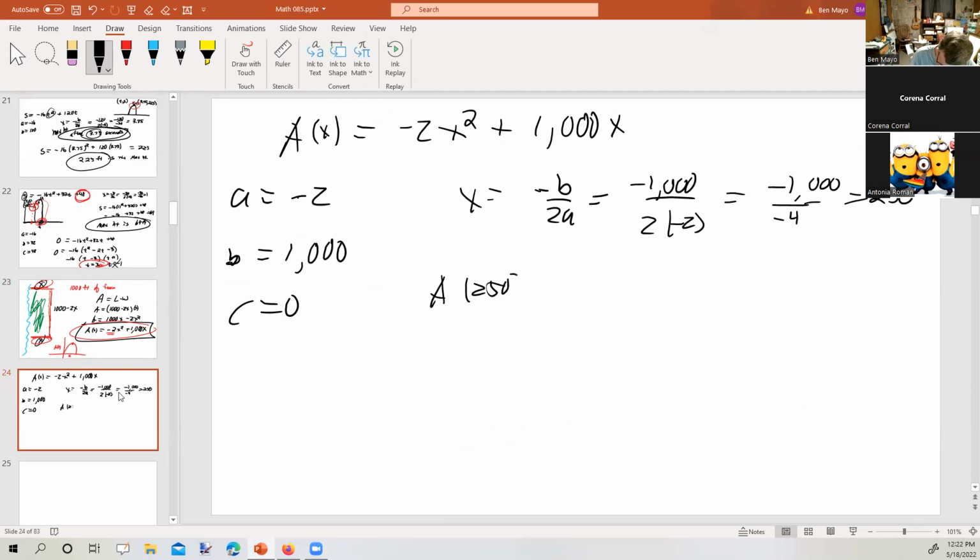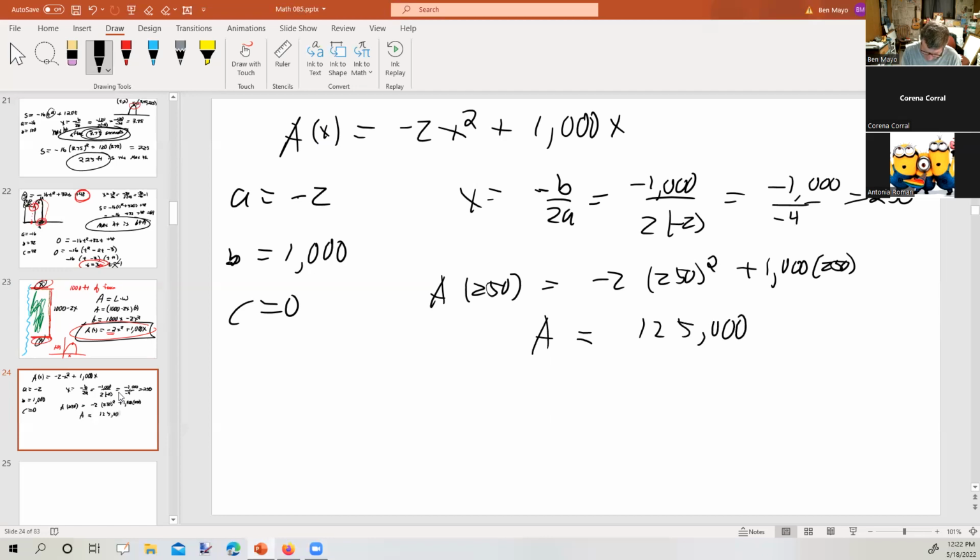A of 250 is negative 2 times 250 squared plus 1,000 times 250. And if I go, let's see, I get 125,000, and that would be square feet. Okay, so the maximum area is 125,000 square feet.